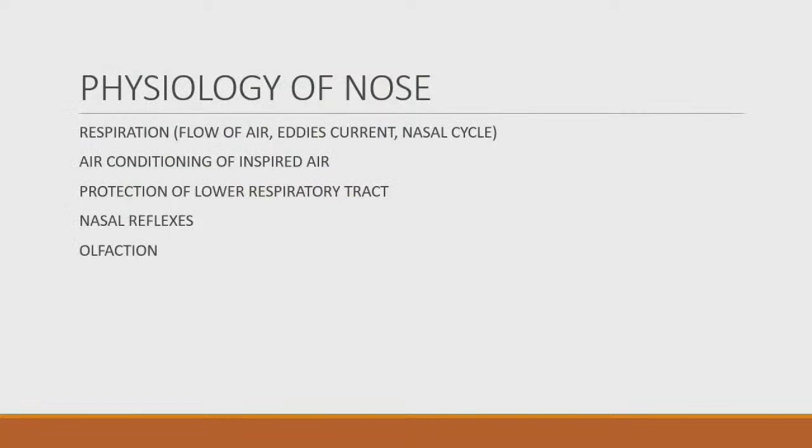So at any given moment only one nasal cavity is functional, and after the completion of the nasal cycle, the other nasal cavity will start functioning and the previous one will get some rest. So it is the alternate congestion and decongestion of the nasal cavity.